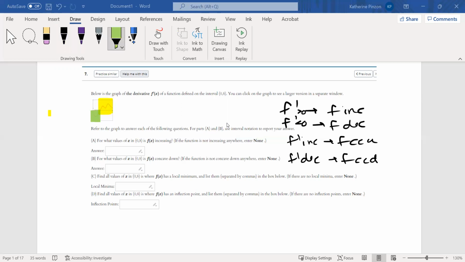After 3, the derivative is positive. So before 3, the function is decreasing. After 3, the function is increasing. Decreasing from 0 to 3, increasing from 3 to 8.